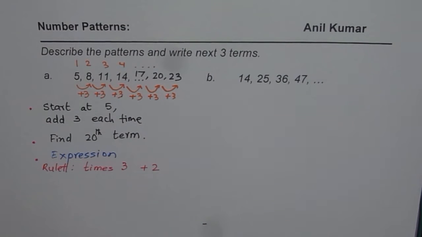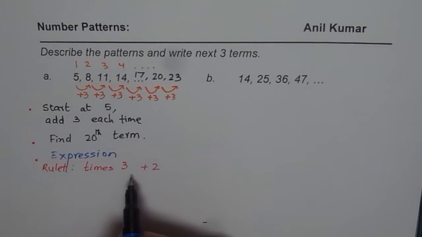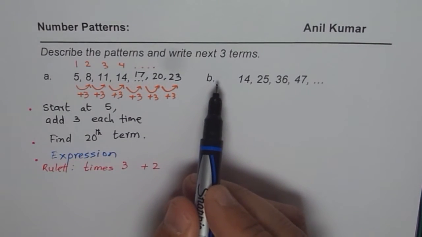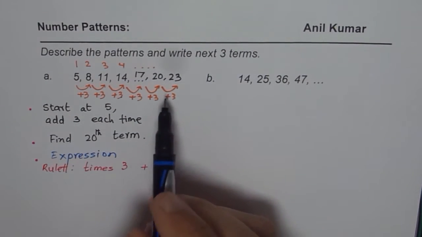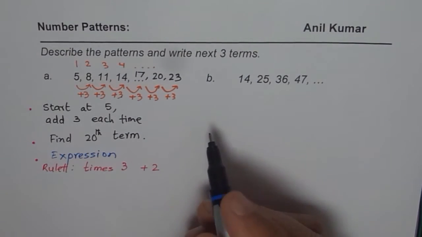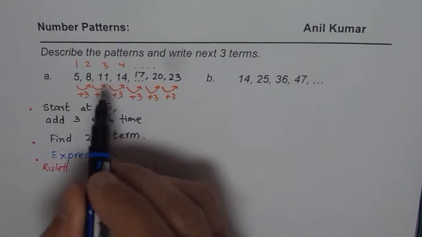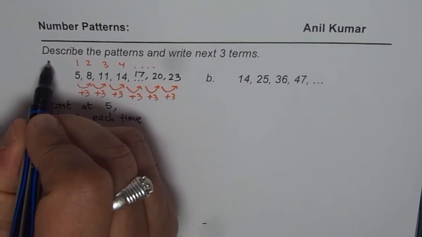And therefore, we can write an expression which relates the next number in our pattern. At times, we also relate it by output, right? So what we say is, these are called the term numbers.